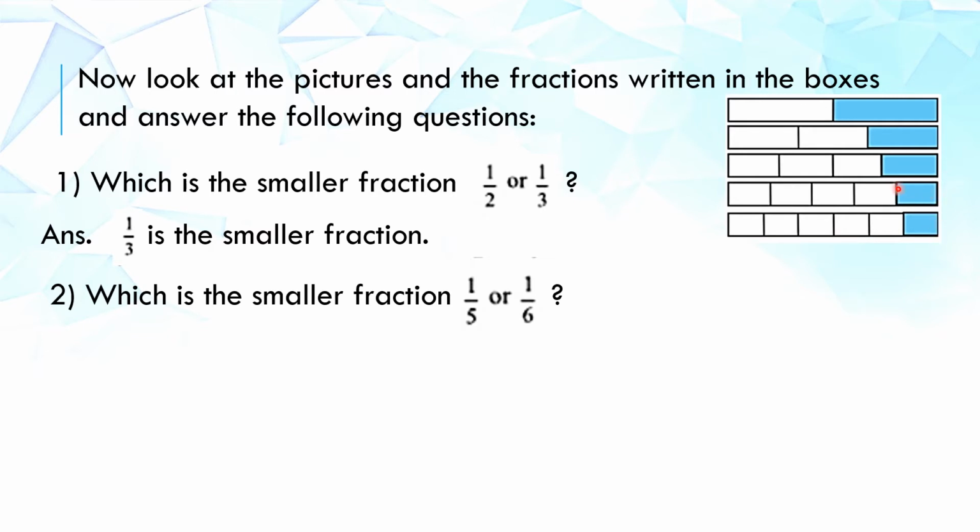Now from the shaded part, which shaded part is smaller? The strip which is having 1/6 shaded part is smaller. So our answer will be 1/6 is the smaller fraction.